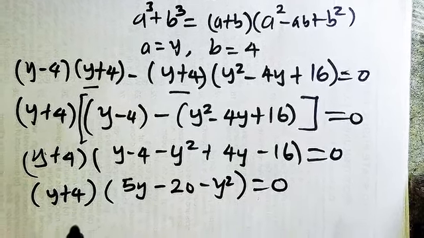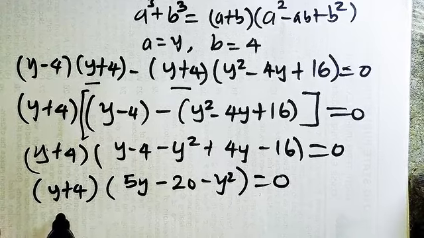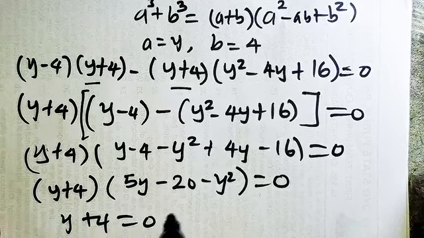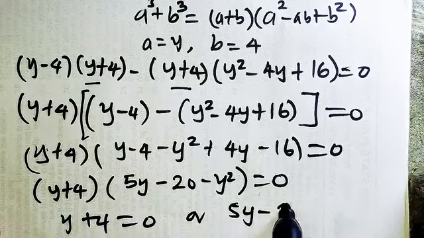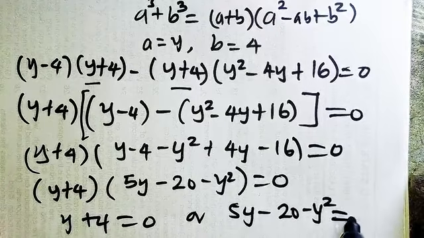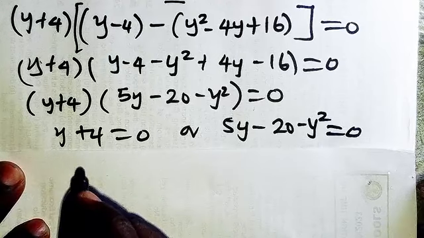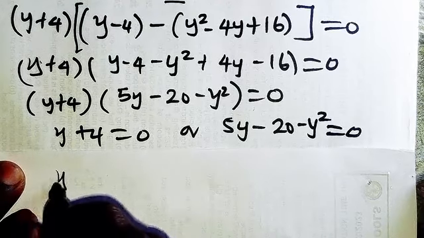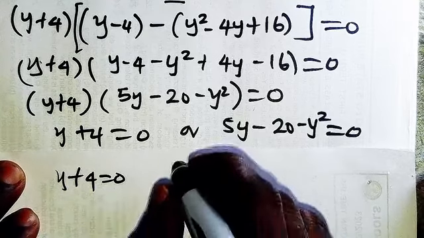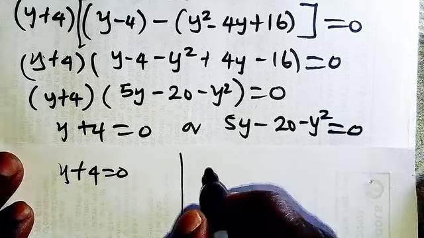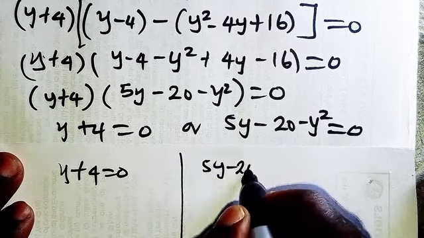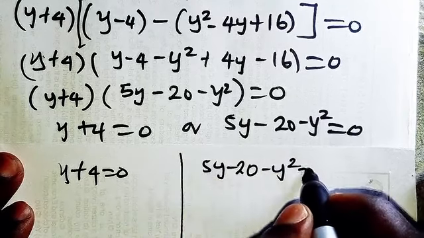So therefore, you can see that this can be either y plus 4 equals 0 or 5y minus 20 minus y squared equals 0. Are you following? So we have y plus 4 equals 0. Then we have what? 5y minus 20 minus y squared equals 0.